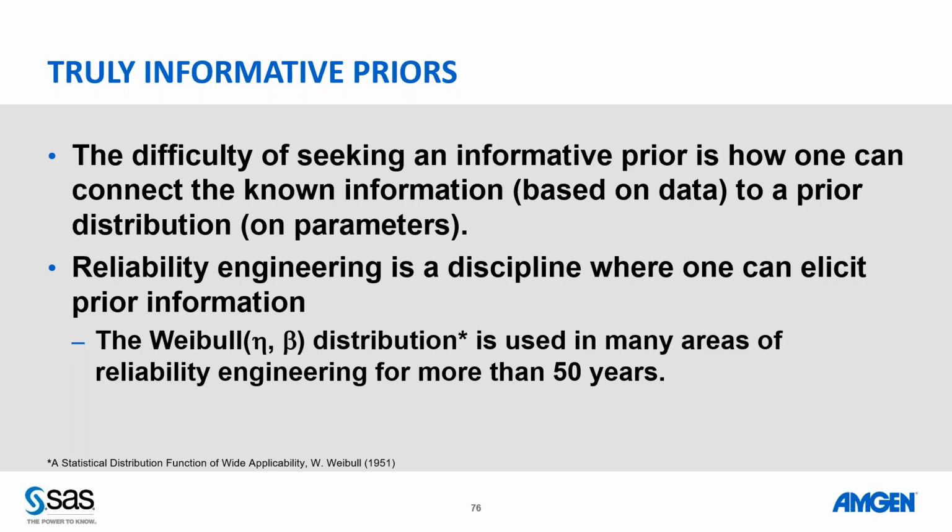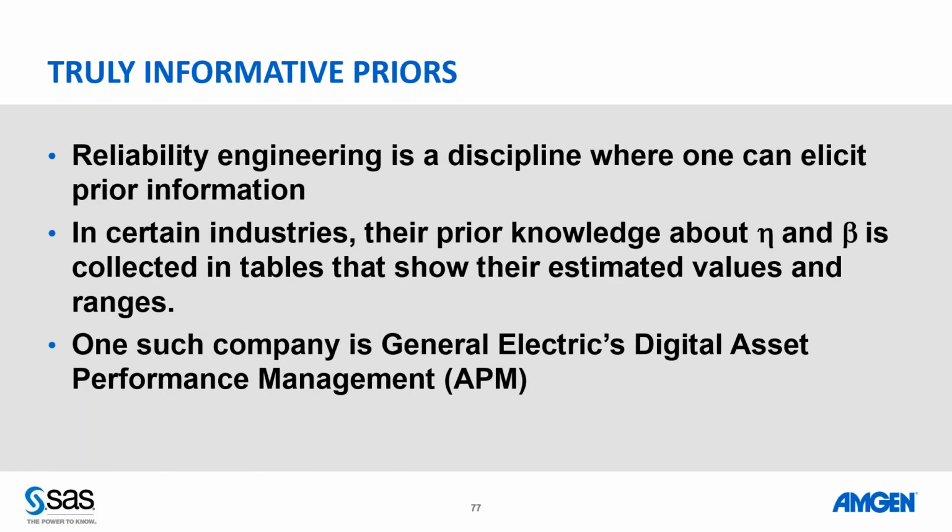I don't see that much different from CMC because we do have historical information. So for example, in certain industries, you have these tables where they tell you what the expected beta parameter is for different applications. One of those companies is GE, and most of us are familiar with GE with appliances, because that's what we get to see.